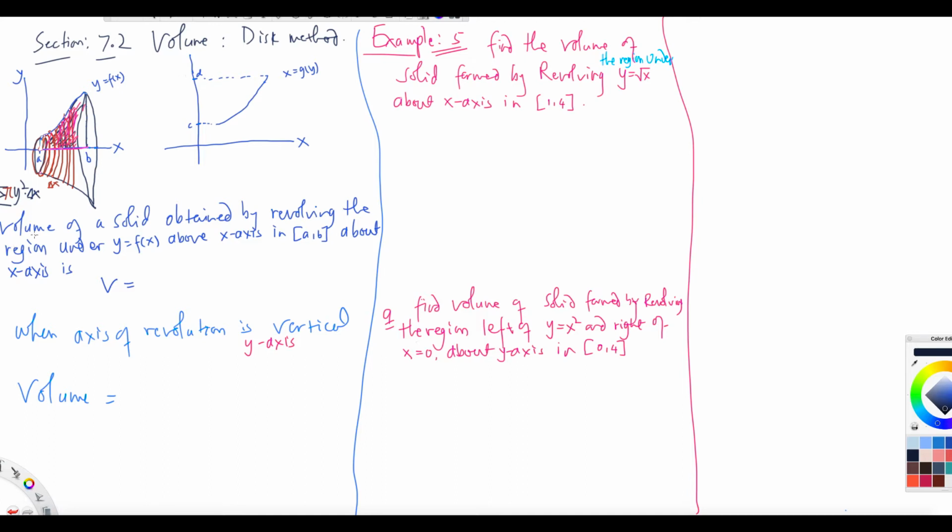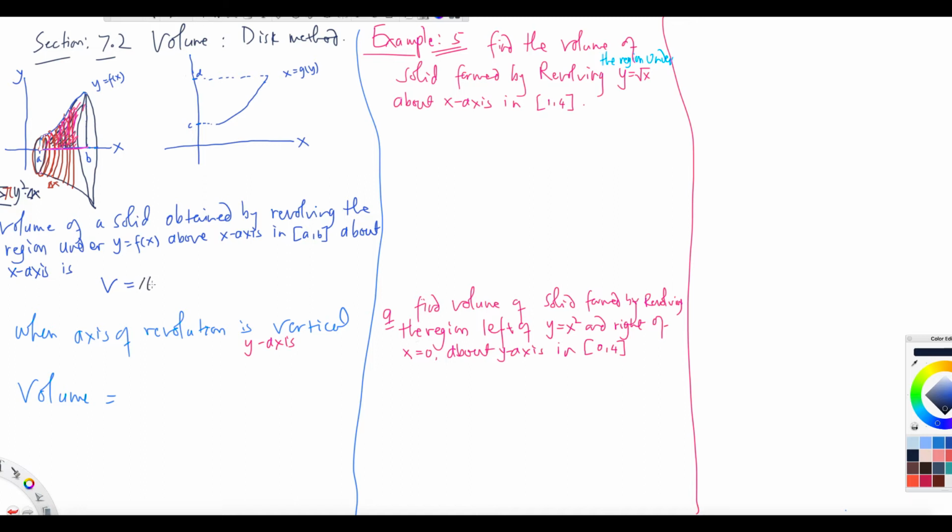That's why we say that the volume of a solid obtained by revolving the region under y equals f of x, above the x-axis inside the interval [a, b], about the x-axis, will be the integral of that, but pi is a constant.